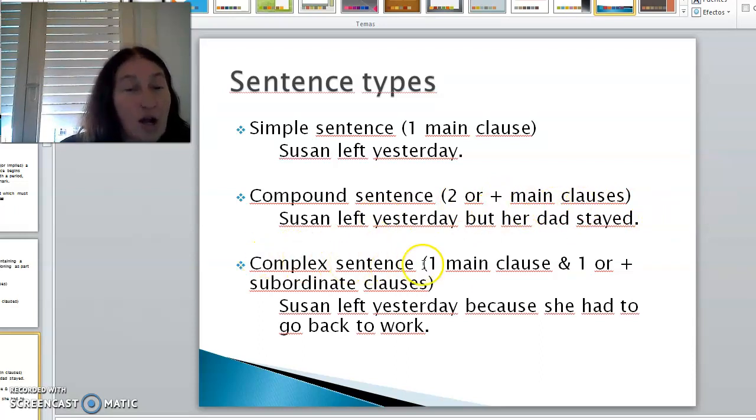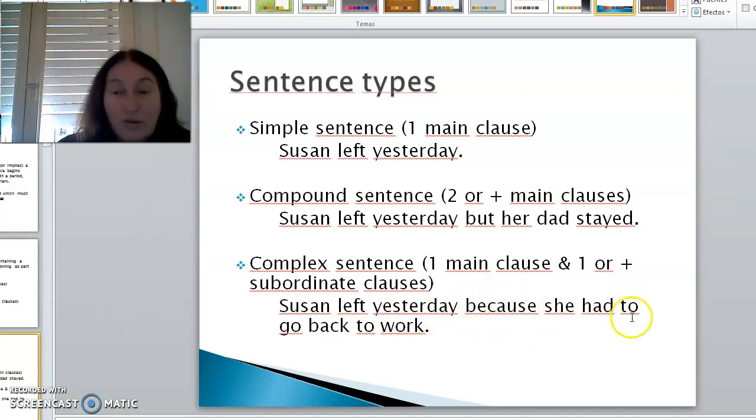In the case of a complex sentence, we have one main clause, or we may have more, and one or more subordinate clauses. Let's have a look at the example. "Susan left yesterday because she had to go back to work." If you take "because she had to go back to work," you may recognize this as a structure with a subject and a predicate.